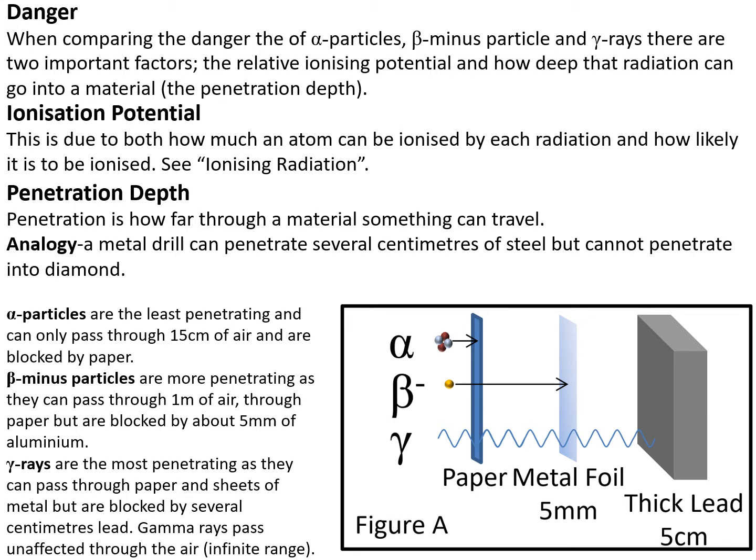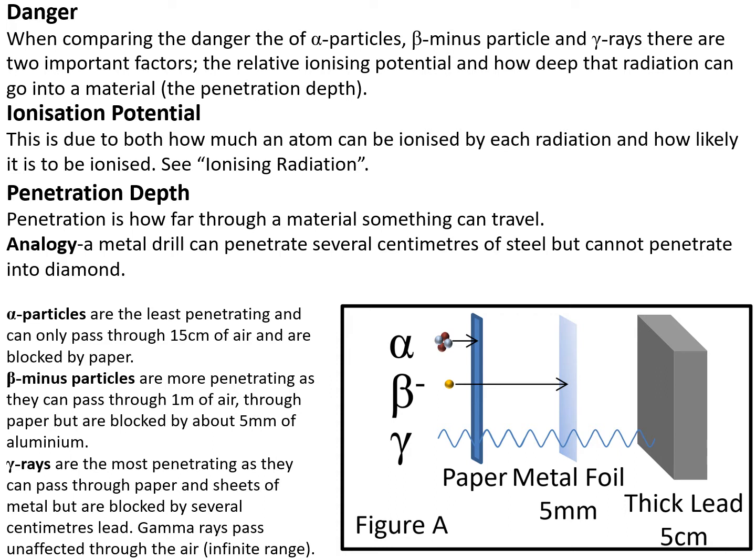Alpha particles are the least penetrating and can only pass around 15 centimeters through air. And also they are blocked by thin sheets of paper. The thicker the paper, the less alpha particles will get through.